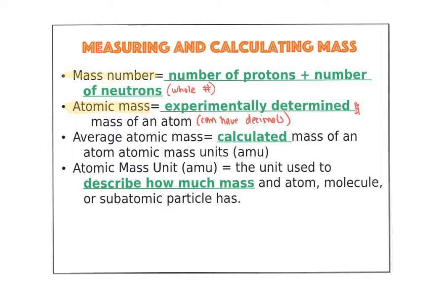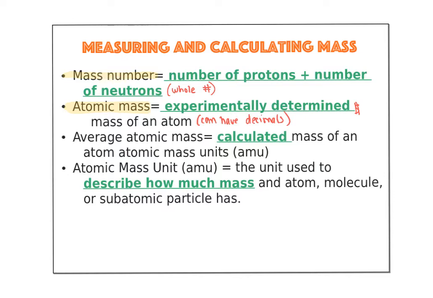We don't have that equipment here at Legend High School, so we are not in this class going to experimentally determine the mass of a single atom. Usually we're using some high-tech lab equipment to really get as accurate and precise as possible with this. So this is something that will be given to you in a problem.